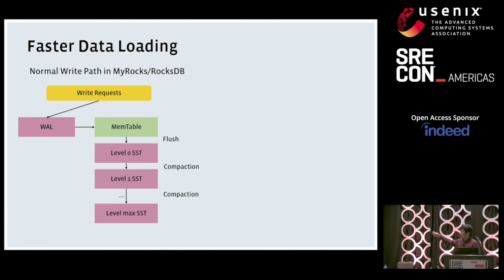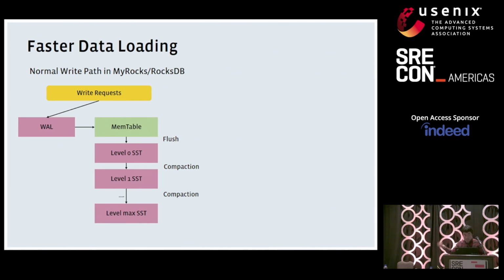When a write comes to RocksDB and the transaction is committed, the data is written to a redo log called the write-ahead log. Then the same data is written to memory, called a memtable. When the memtable gets full, it's flushed, creating a new data file called a level 0 SST file. When there are many data files, another process called compaction happens.